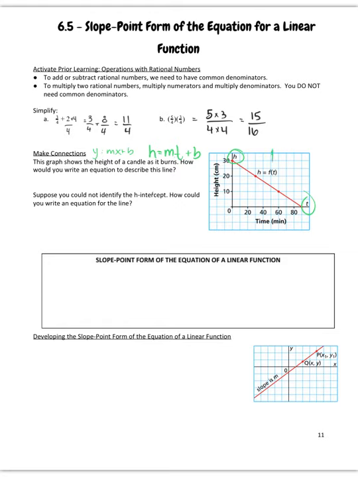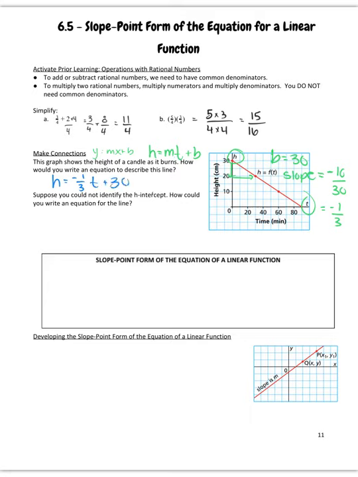So b is 30, and the slope is rise over run, so down 10 and over 30. So negative 1 over 3 would be my slope. So I would write this equation as h equals negative 1/3 t plus 30.